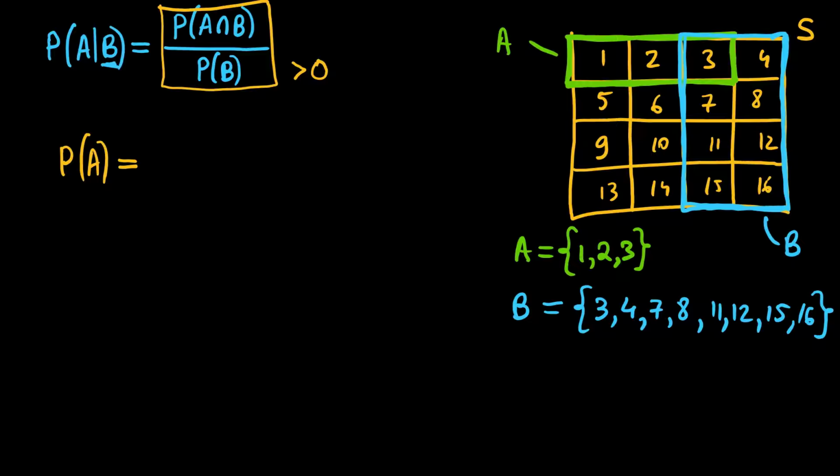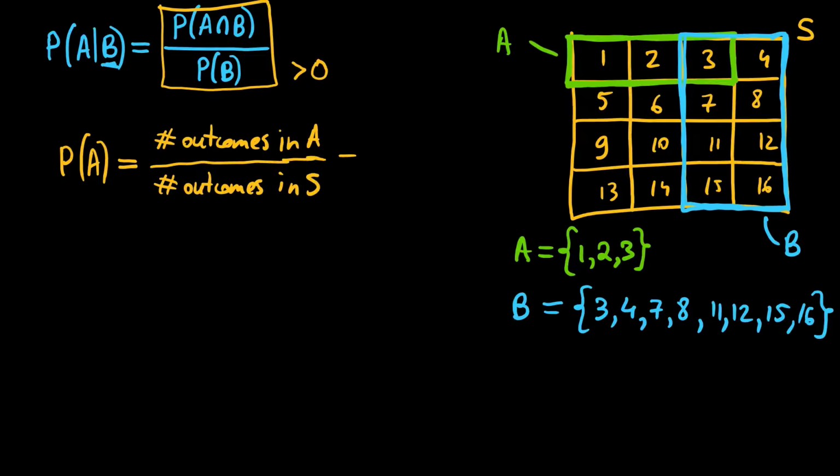Okay, so you placed your bet on A, and as we've seen in the last section, we can express this probability as the number of outcomes in A in the numerator, because the outcomes are all equally likely, divided by the number of outcomes in the sample space. And we have 3 in the numerator, right? 1, 2, 3, and we have 16 in the sample space. So that was the initial probability of you winning by placing a bet on A.